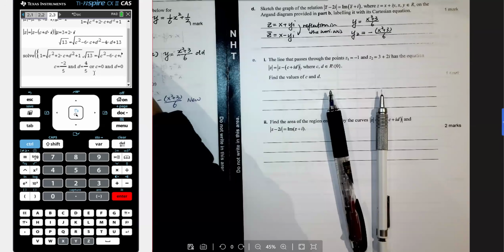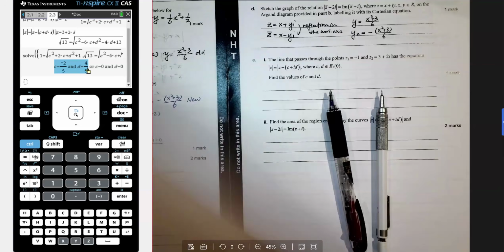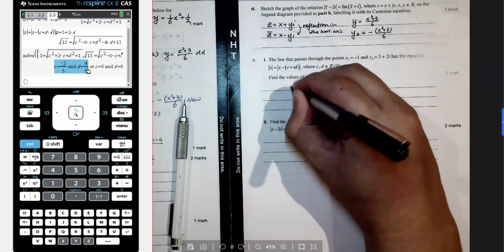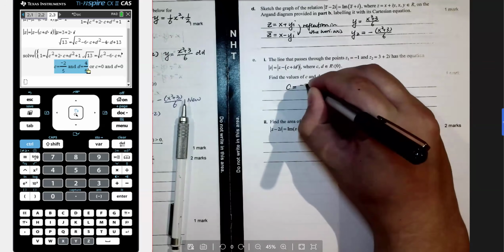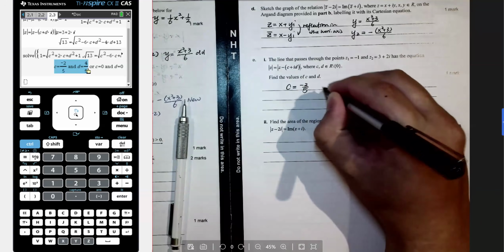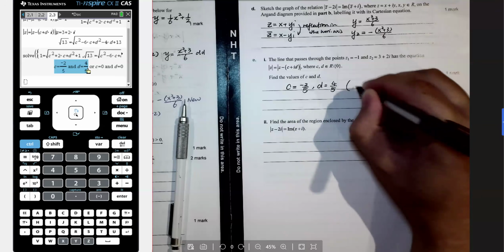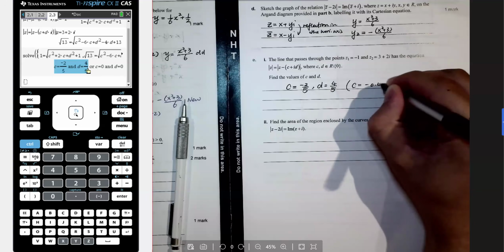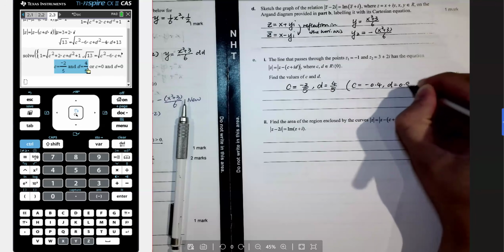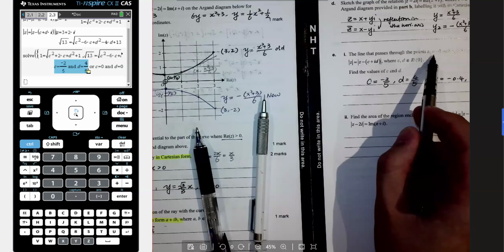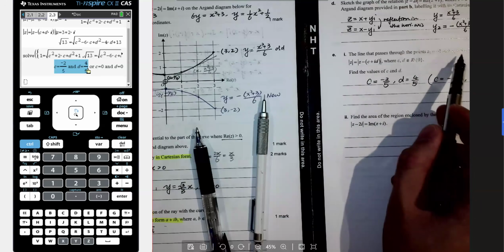Just be mindful, cd should not be equal to 0, so you just get minus 2 on 5 and 4 on 5. Yep. Or if you wish, you could say c equals minus 0.4, d equals 0.8. Actually, it shows a perpendicular bisector, and this perpendicular bisector goes through minus 1, 0, and 3, 2.